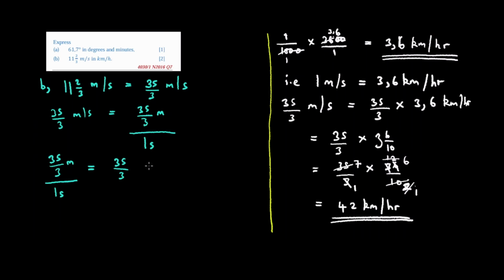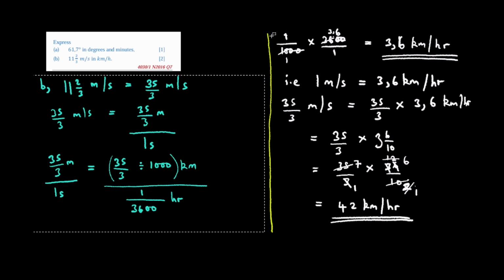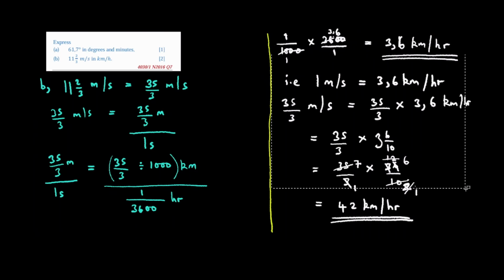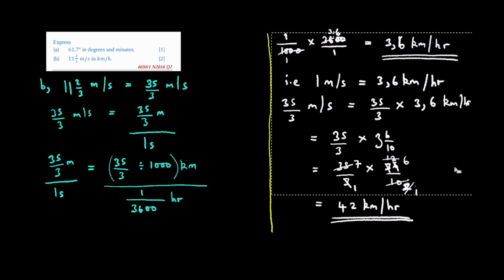Remember, when converting from meters to kilometers we divide by 1000. So this is what will be saying kilometers over, then here 1 second will be 1 over 3600 hour, like that. Okay, let me remove this part. Leave the answer only so that it comes out.